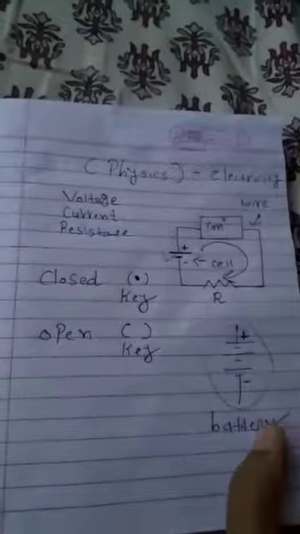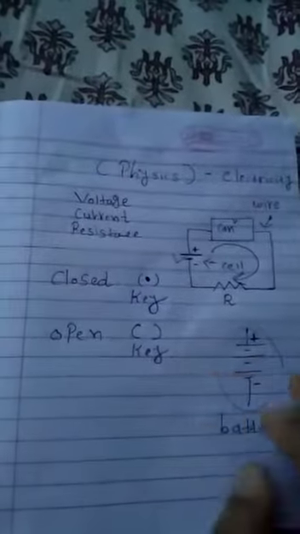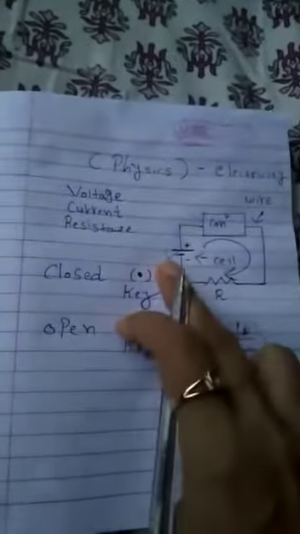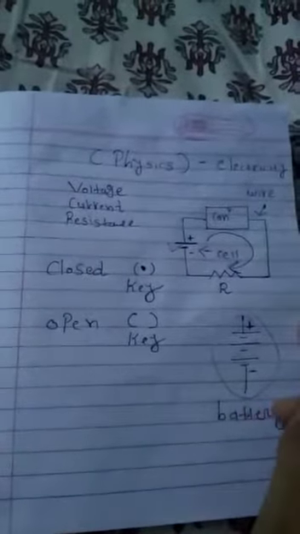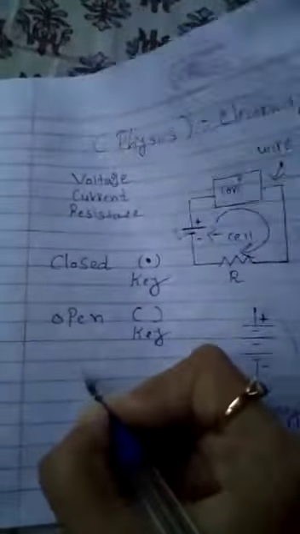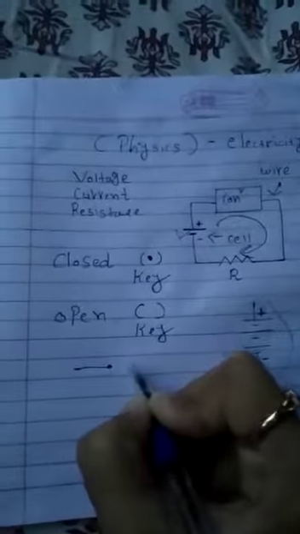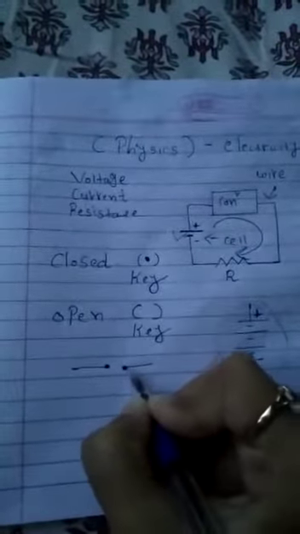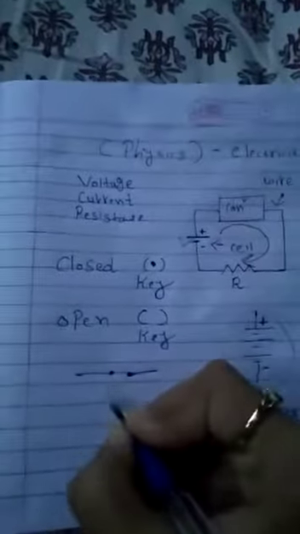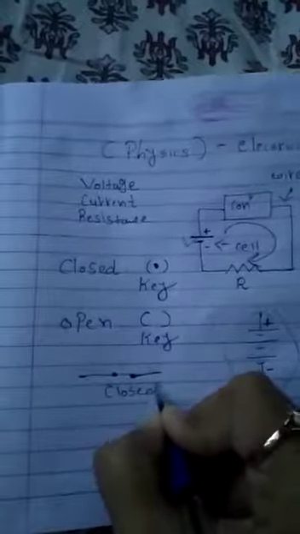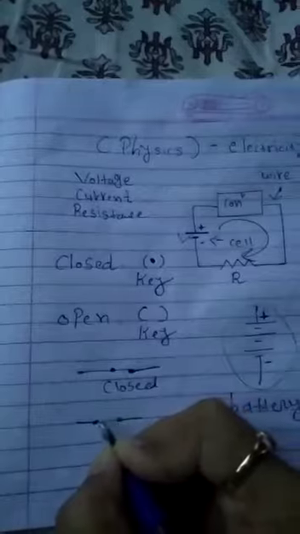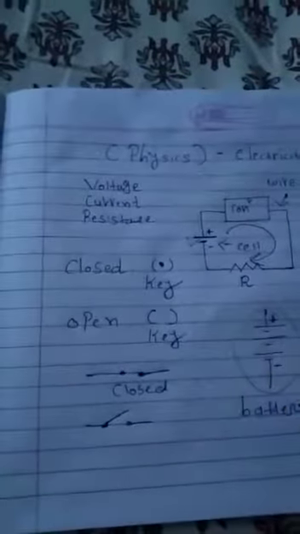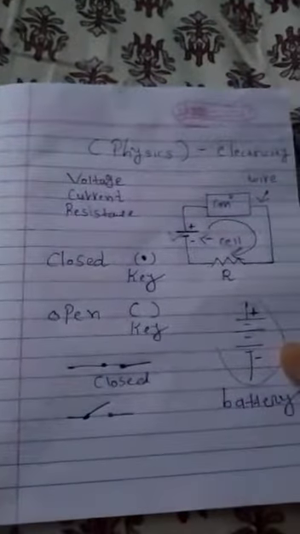Okay, now next: battery symbol, cell symbol, key symbol, resistor symbol. Switch, what kind of switch? These are 2 wires and we are going to connect them with a switch. This is closed, and if it's open, then it would be like this.